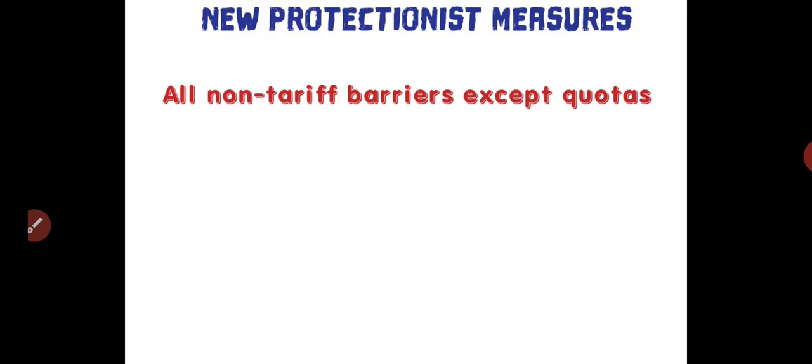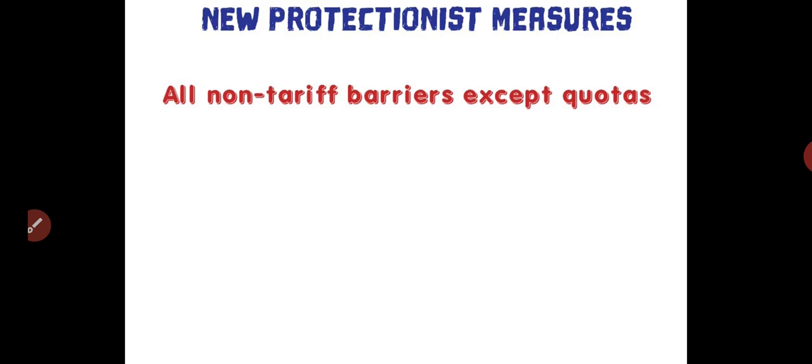All trade restrictive measures other than tariff and quotas are called new protectionist measures, such as export subsidy, government's favor to domestic firms, health standard requirements, technical standard requirements, administrative restrictions, and exchange control. Embargo is another one. So these are the new protectionist measures.